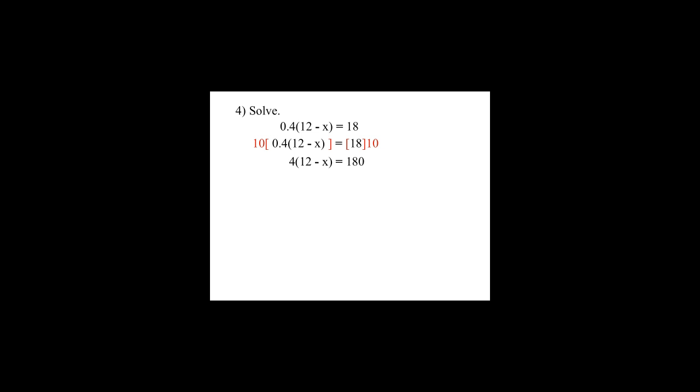Otherwise, it's double distributing, doing it within the parentheses. Okay? Wow, what did I get? I got a different answer. 4 goes into 32, so I guess my division was wrong. All right, so x equals 33. That seems right.